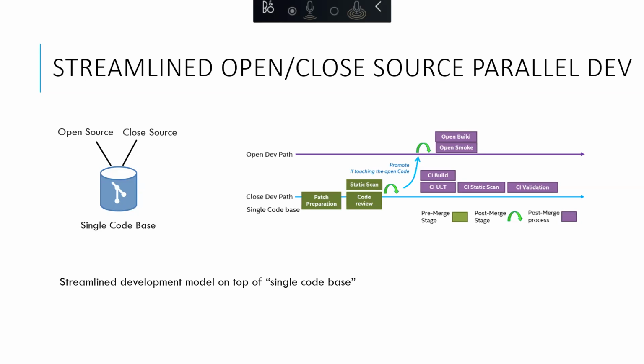And for all the daily development work, the patches on our closed source code will be automatically converted to the patches on the open source code. So this is what we call the streamlined dev model on top of a single code base. Definitely, this kind of enhancement requires the change and the design support.